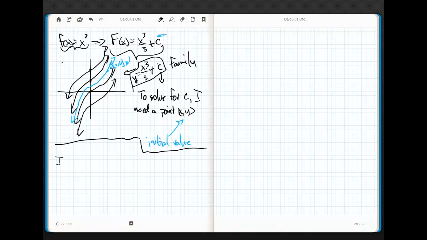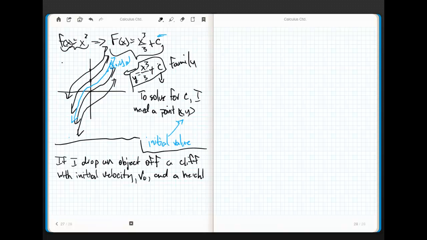All right, think about this. If I drop an object off a building, off a cliff, now let's assume that drop means that I can sort of chuck it too if I wanted to, with initial velocity, we'll call this v naught, and a height of h naught.